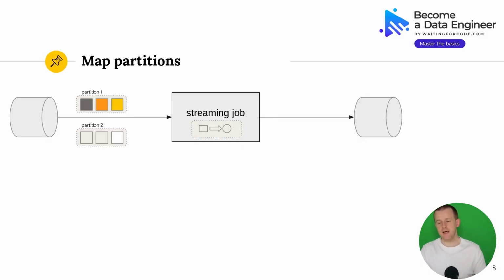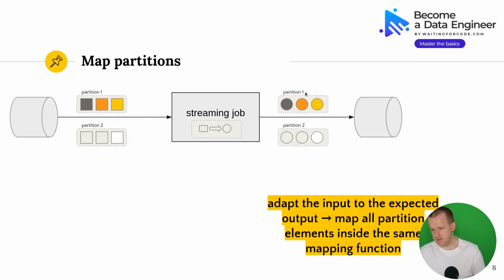Here the idea is to apply some of the simple transformations on top of a bunch of records living in the same processing partition. We have the map partition function, where we take all elements from the partition and apply the map function to them at once, and not one by one as in the simple transformations.